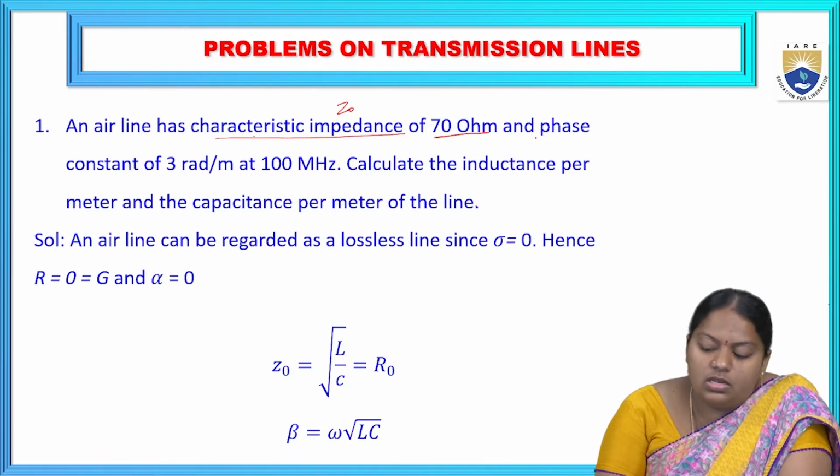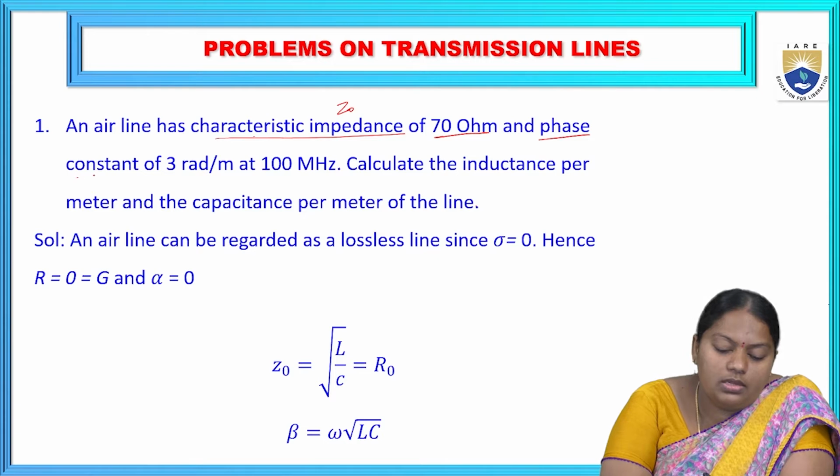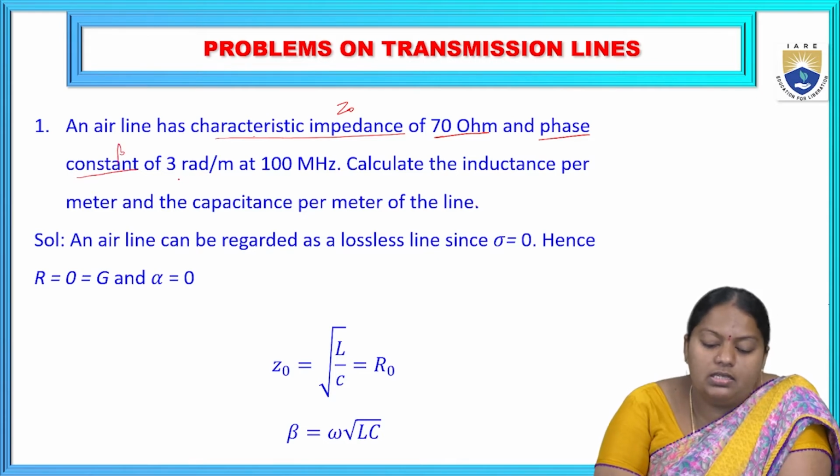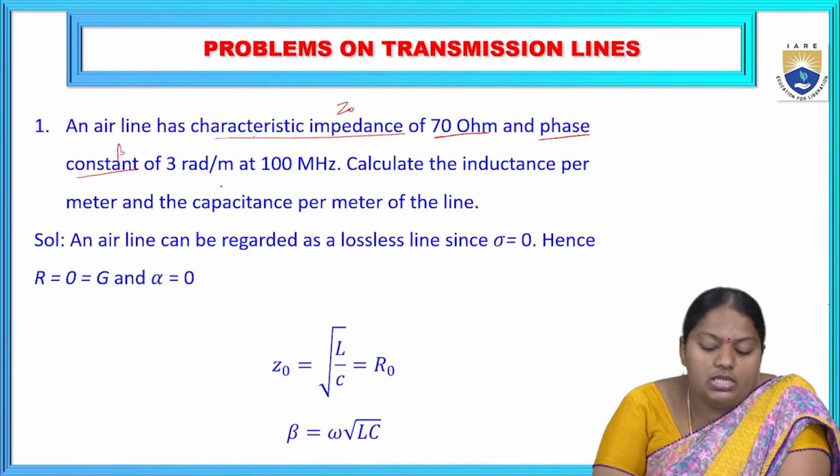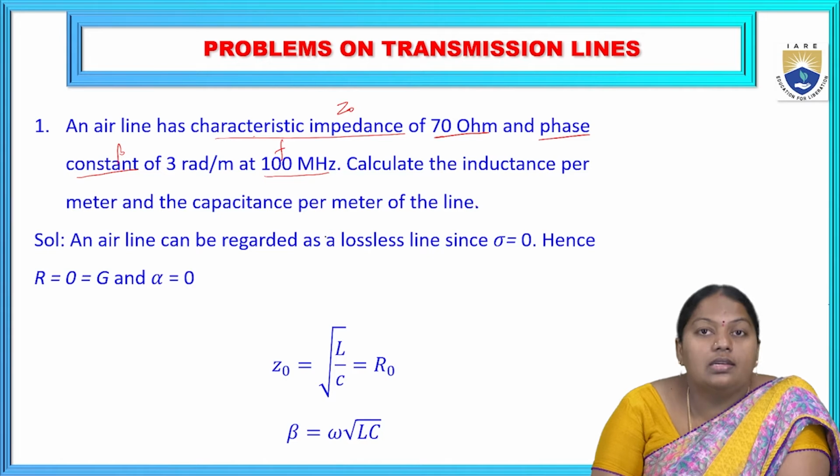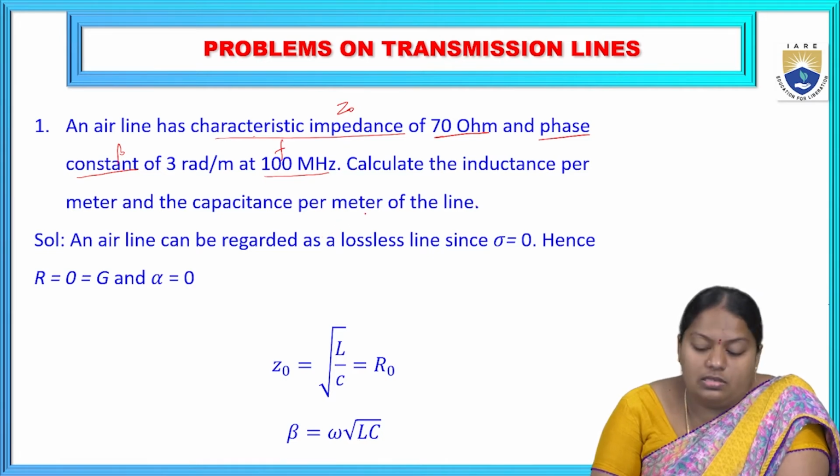The phase constant, which we represent with beta, is given as 3 radian per meter at 100 megahertz. The frequency is also given, at high frequency, that is 100 megahertz. Then we need to calculate the inductance per meter, the L value, and the capacitance per meter.